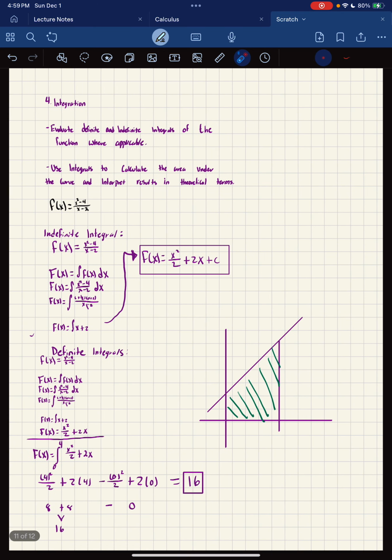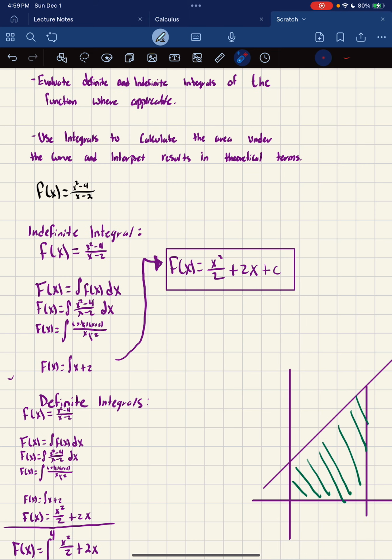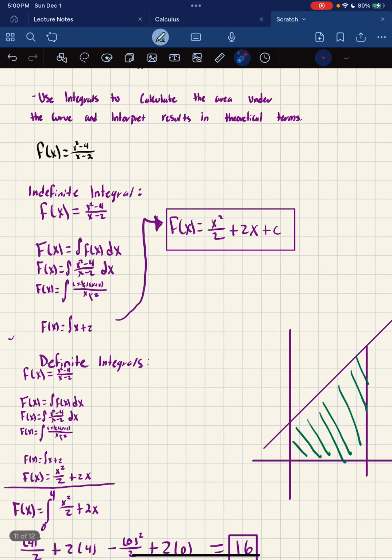Now, finally, on the integration step, which is the final step, I had to evaluate definite and indefinite integrals of the function where applicable. I had to use integrals to calculate the area under the curve and interpret results in theoretical terms. So here I did write again my original function, f of x equals x squared minus 4 divided by x minus 2.